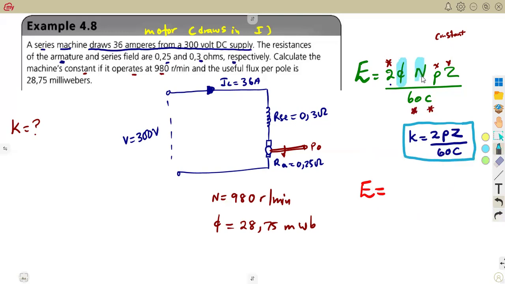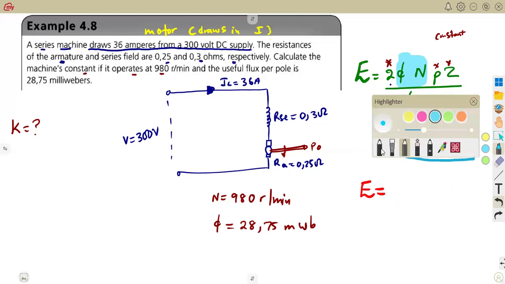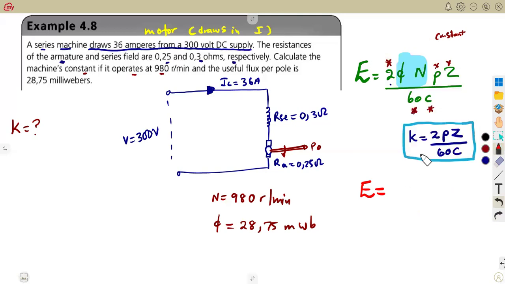There is flux there, and there's also N. These two are remaining after you have removed these. So you're just going to substitute, replacing the 2, the P and the rest with a single K. That's your machine's constant. So it can be given as E is equal to K times what?